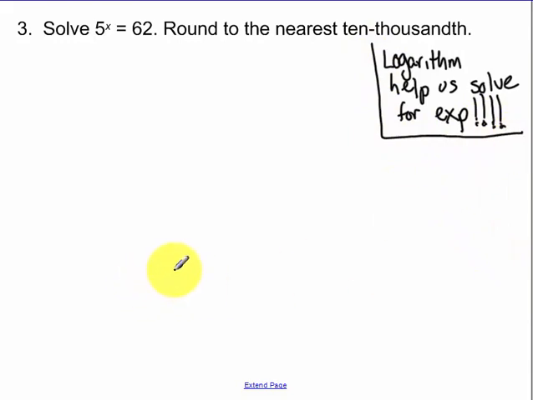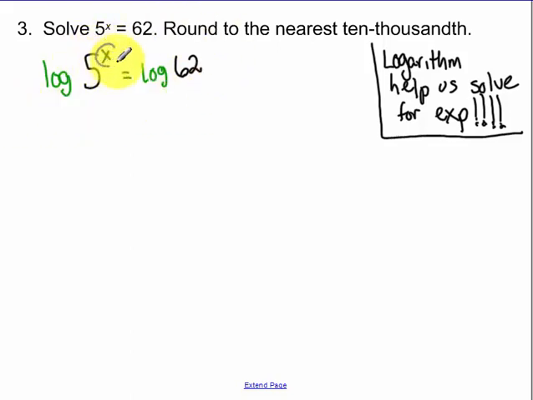So really there's two ways you could do this problem. If you log both sides, so I originally have 5 to the x equals 62, I log both sides. What you do to one side, you have to do to the other.